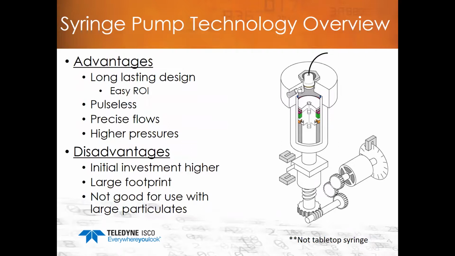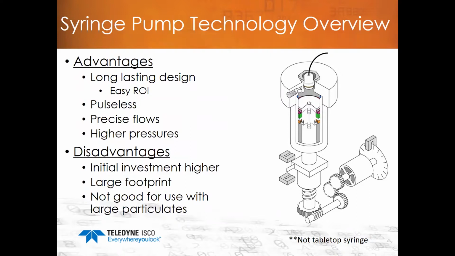Another benefit of syringe pumps is the preciseness of the flows. You will see many times, and you look at our pumps for sure, they can get down to 0.5% accuracy, 0.3% accuracy, 0.2% accuracy. Those are very, very precise flows. And with that, you also have the capability to get to higher pressures.